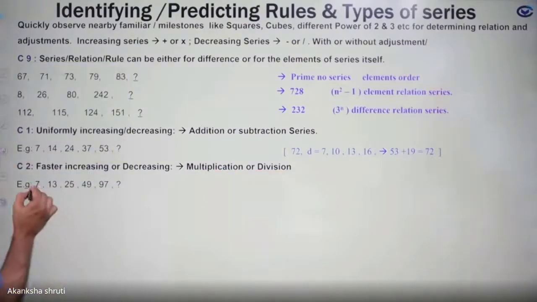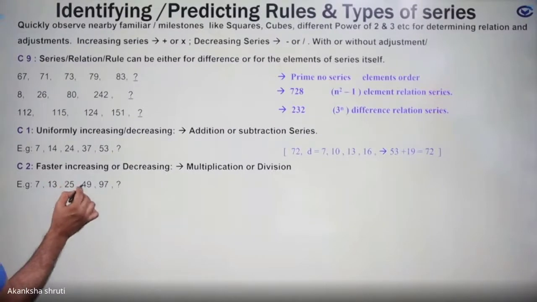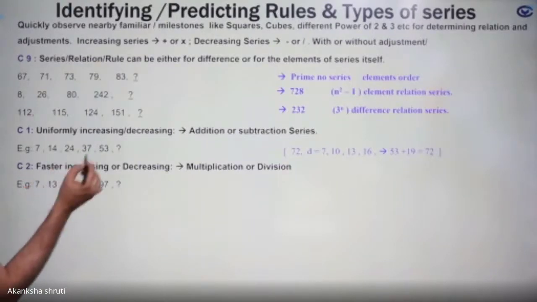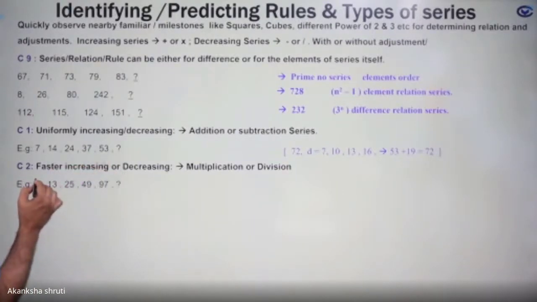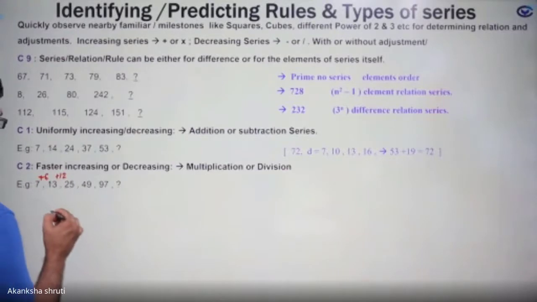Let us try 7, 13, 25, 49 and 97. Let us take the difference first. That is the very first thing. Students, 7 plus 6 gives us 13. Then 25 means plus 12.